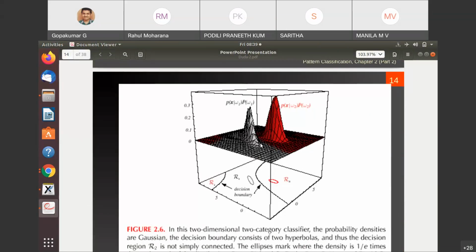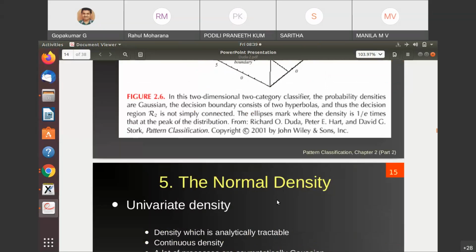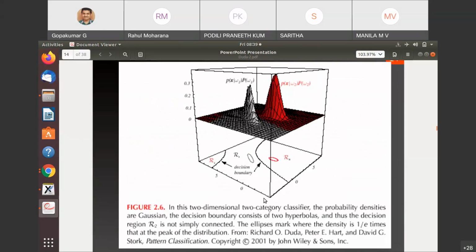So we will discuss how a probability distribution may look, what their characteristics are, and we will do that with the normal density. I think you might have studied the normal density or Gaussian distribution, or bell-shaped curve.